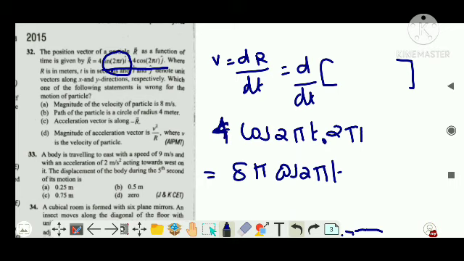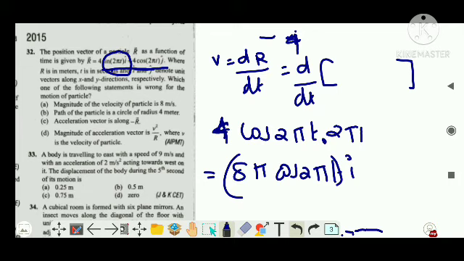i cap. Similarly, let's look at the 4 cos 2 pi t. So that also will be 4, and minus sine, because differentiation of cos is minus sine. First you keep the constant 4 outside.